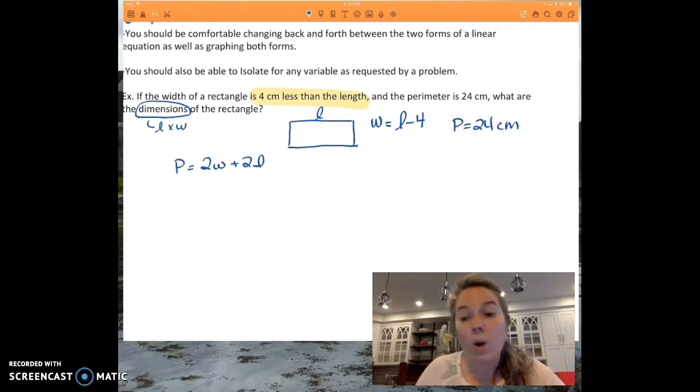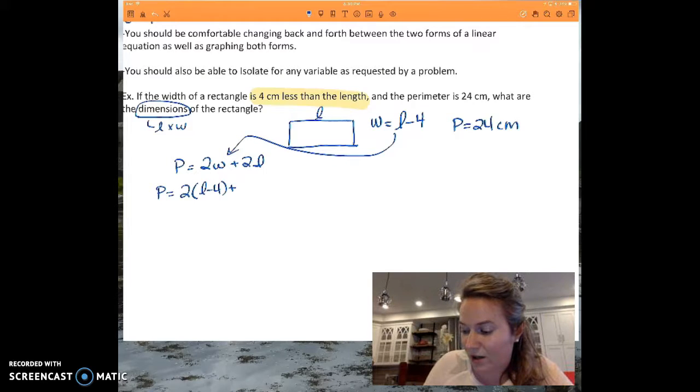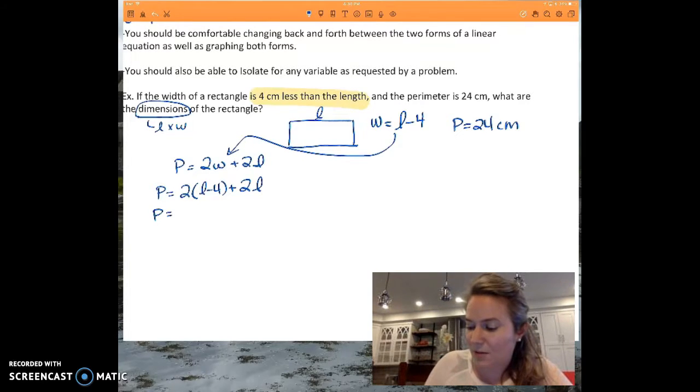But I don't know W or L. But what I do know is W in terms of L. I solved for W. So let's take this and substitute it for W. So P equals 2 times the length minus 4 plus 2 times the length. Let's expand that and simplify it as well as we can. P equals 2L minus 8 plus 2L. P equals 4L minus 8.